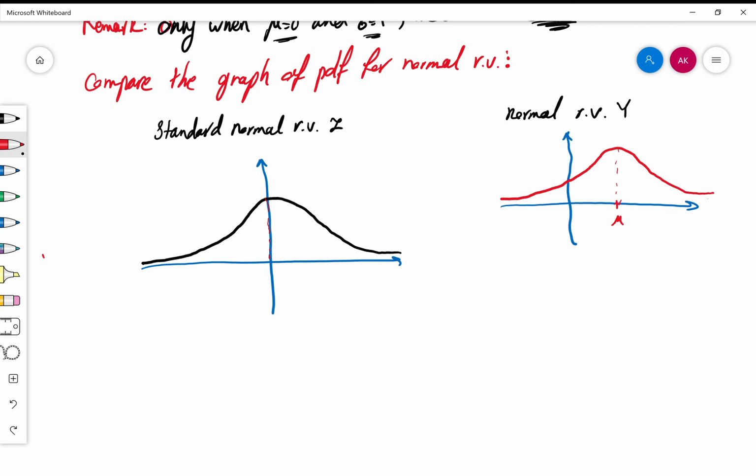And if you consider different sigmas, if this is the standard one, as you increase the sigma, the more spread out the graph will become. So it will be something like this.